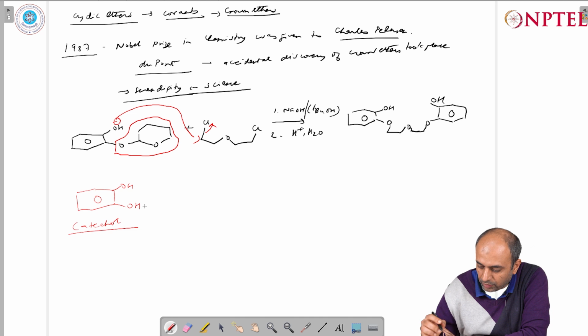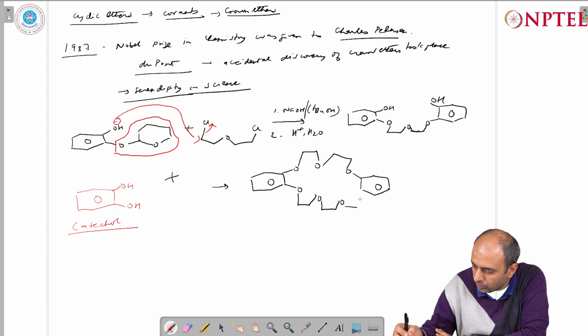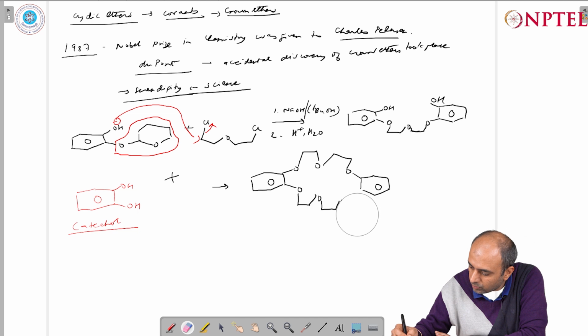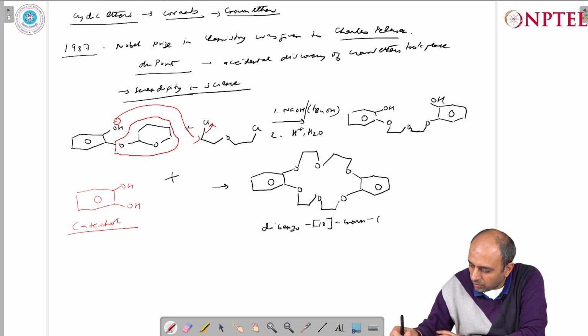And because the catechol was present in the presence of these reaction conditions, it gave this particular product, which we call dibenzo 18 crown 6.